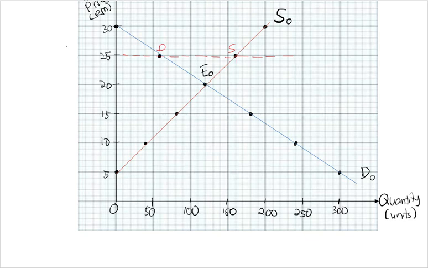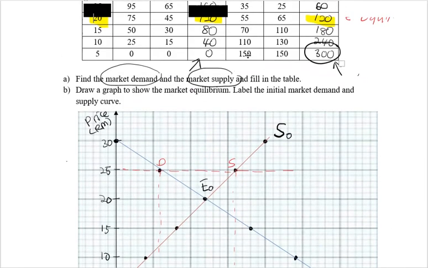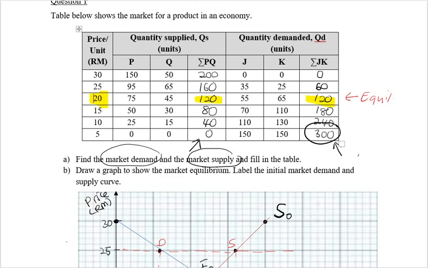Okay, so supply is here 160, demand is 60. Or you can also get from the table here. The price is 25 ringgit, so at 25 ringgit the quantity supply is 160, the quantity demand is 60.